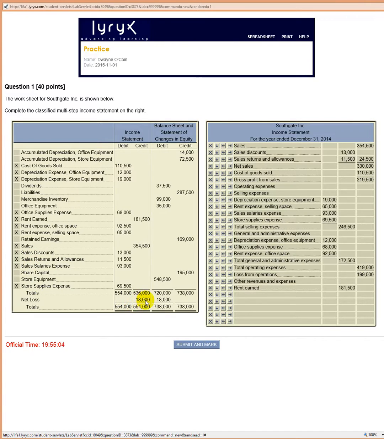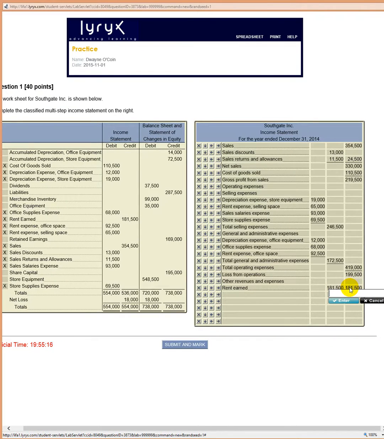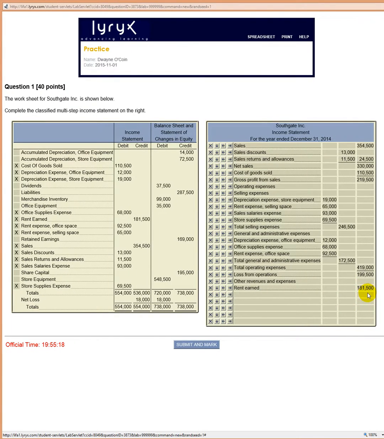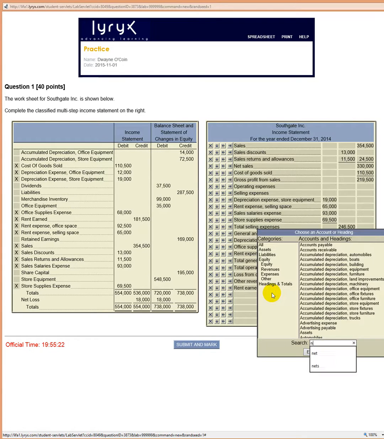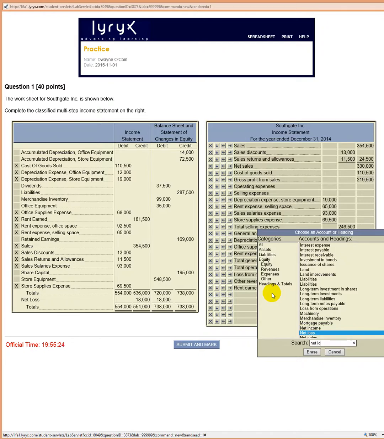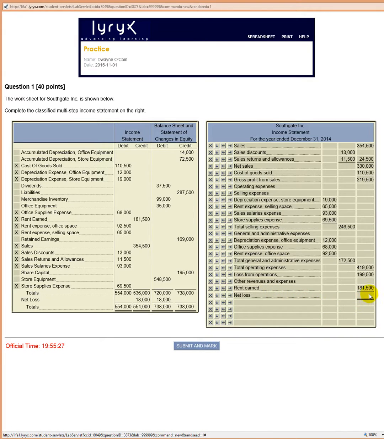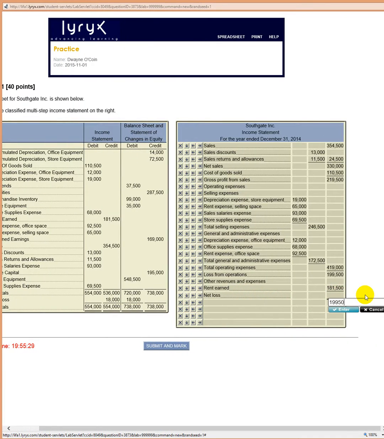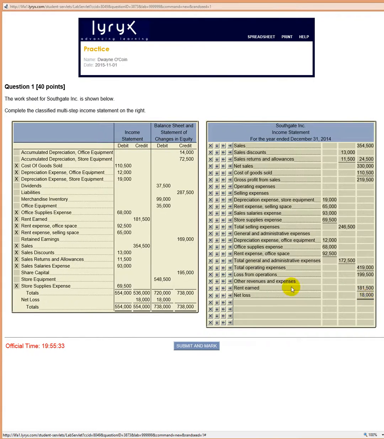It says we have a net loss of $18,000, which is interesting. I think we've accounted for it all. So I guess we could actually pull that over to this far side, and it still becomes a net loss, but not as much of a net loss. So the amount of the net loss is $18,000, which agrees with what we have over here.